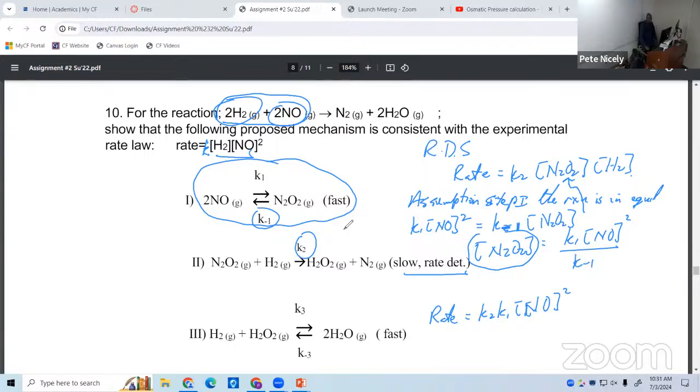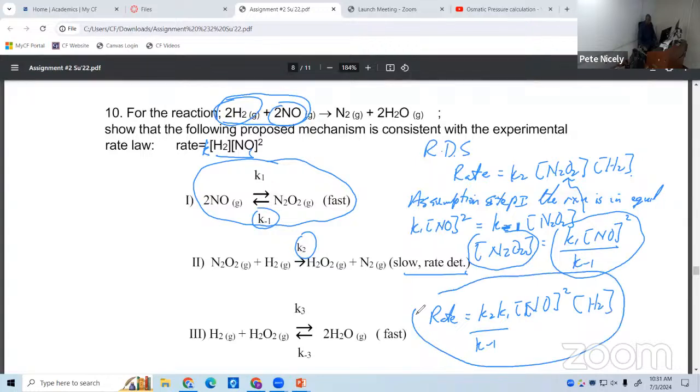All right. So plugging all of this in where this is, you're going to get K2 times K1 over K minus 1 times NO squared times H2, right? And if you look at this equation carefully, you'll see that this equation is pretty much the same as this equation.